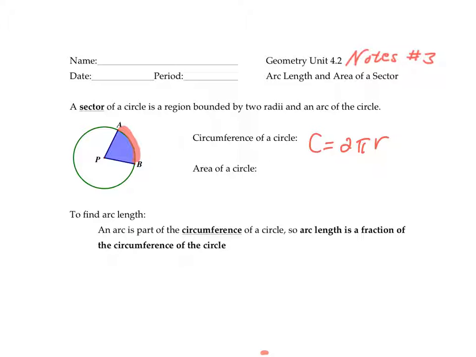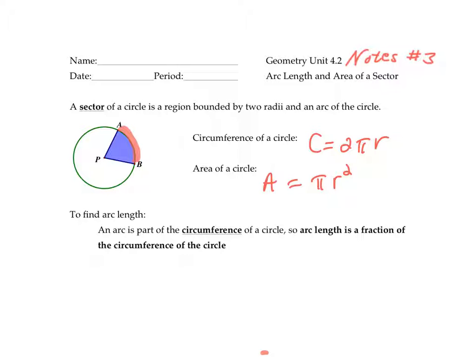If you take a look at that highlighted arc, notice that it's just a piece out of the whole circumference, so it's a fraction of the circumference of a circle. The area of a circle, if you recall, is pi times the radius squared. And if we look at our shaded region, think of it as a piece of pizza or a piece of pie. It's a fraction of the whole circle.